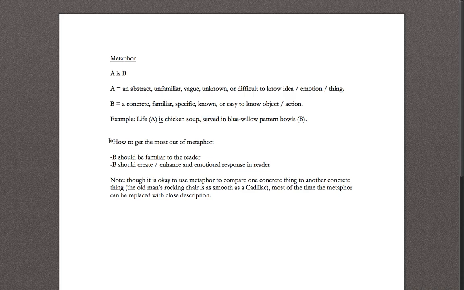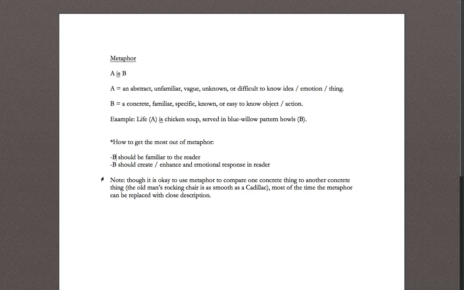Quick note before we get on, how to get the most out of metaphor. The B part of the equation should be familiar to the reader. You don't want the B to be something that's equally abstract, unfamiliar, or vague to the audience. That would be like that scenario where you come across a word that you don't know.